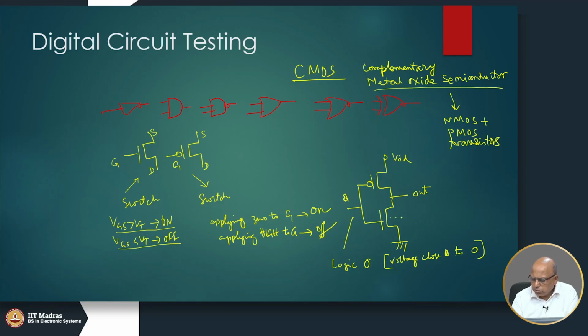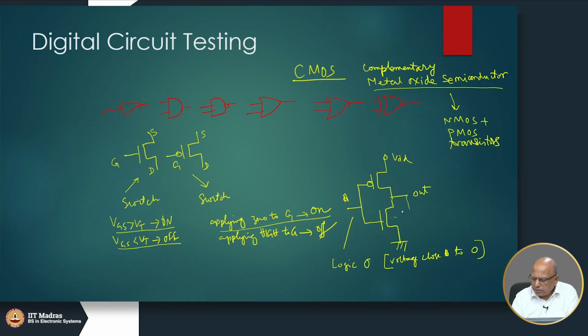So, the NMOS transistor cannot be conducting, whereas the PMOS transistor connected to VDD turns on, because applying a 0 voltage to G turns it on.